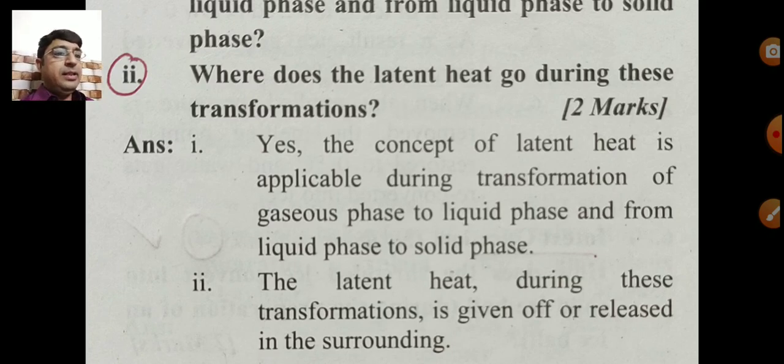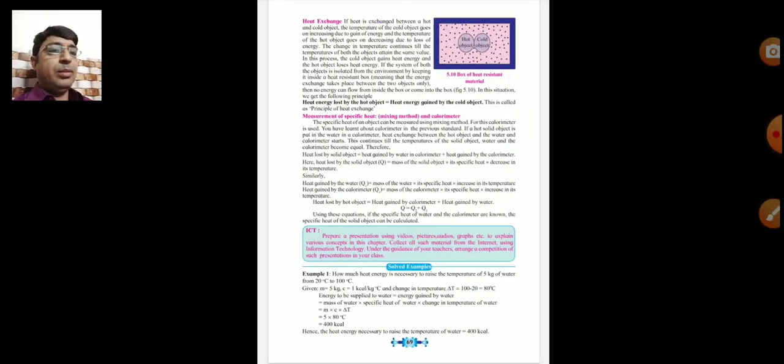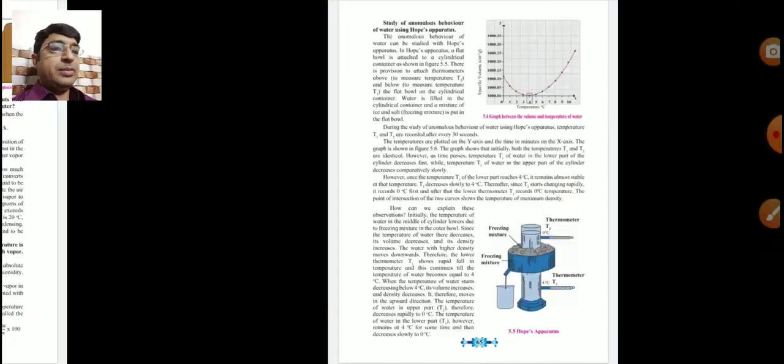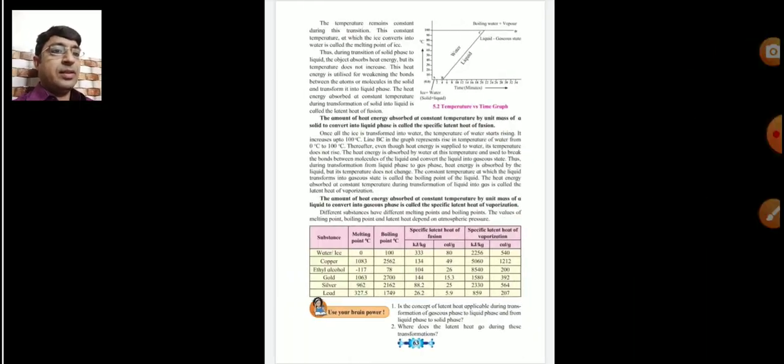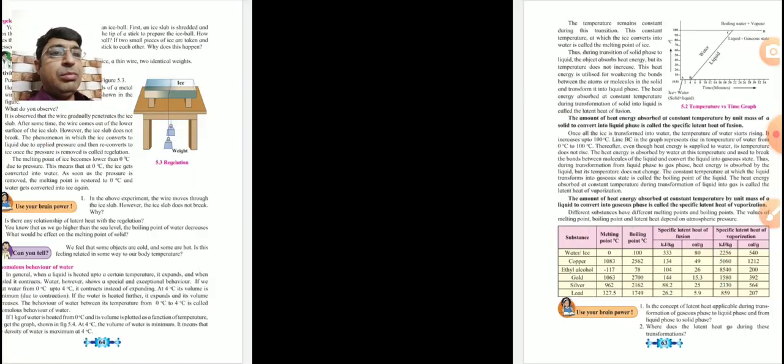Answer: the latent heat during this transformation is given off or released in the surrounding. These two questions are asked for 2 marks. Come back to our next point. So use your brain power, the answers of these two questions are given on page number 64.